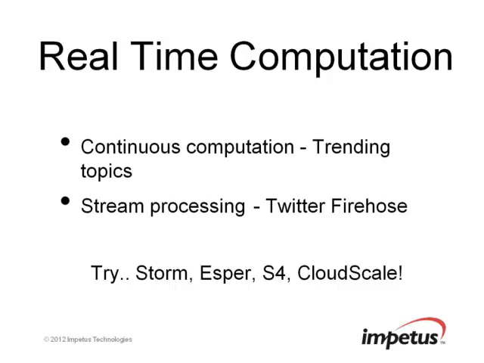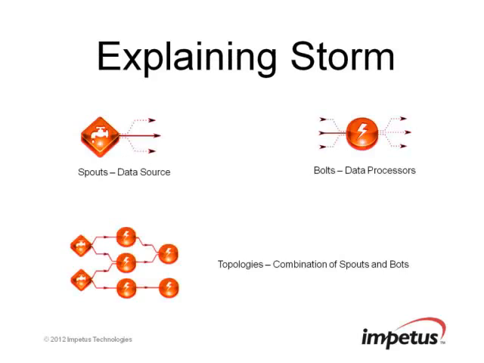Sure, Lisa. The technologies you mentioned like Storm, Esper, S4, Cloud Scale, all of these technologies are really powerful. Here I would like to take the example of Storm. So there are 4 terms that you should be familiar with. So in Storm we have spouts, bolts, streams and topologies.